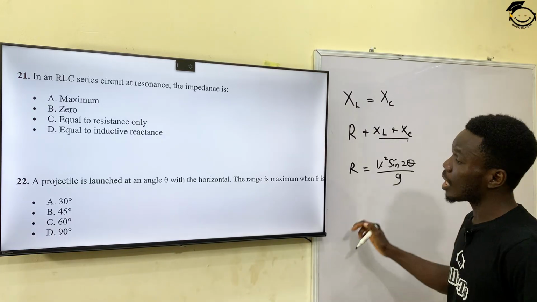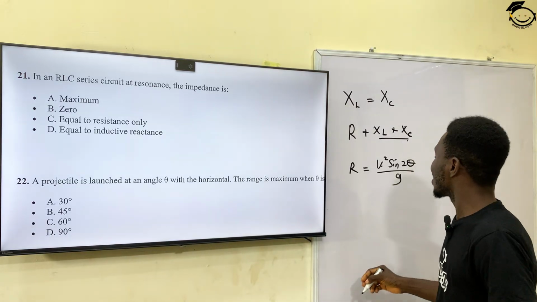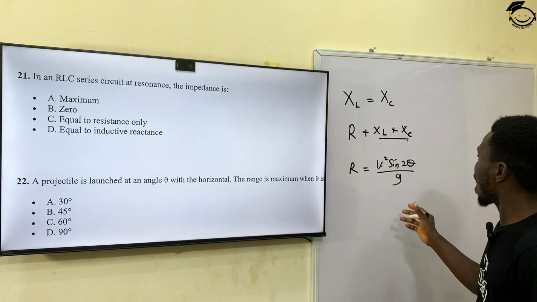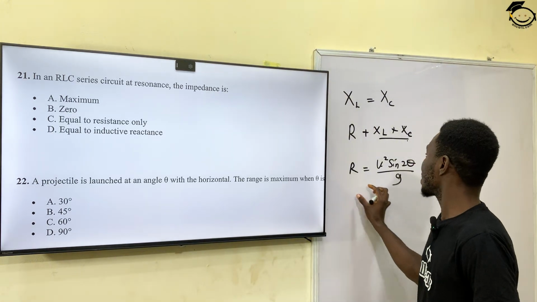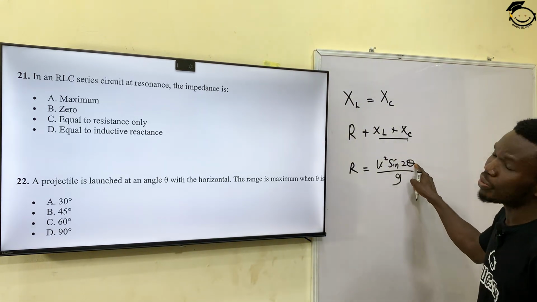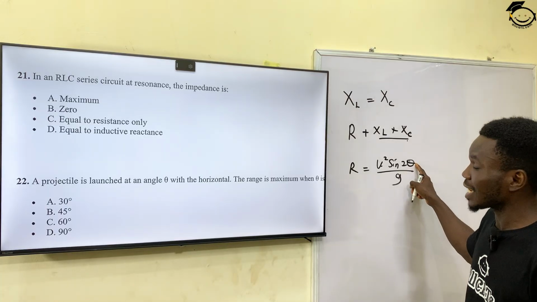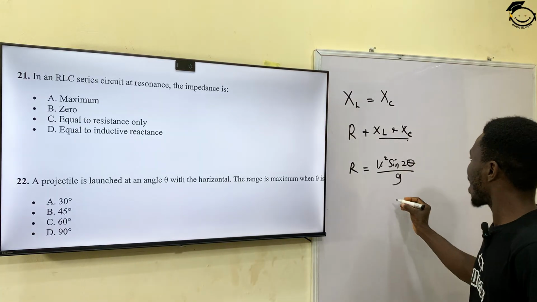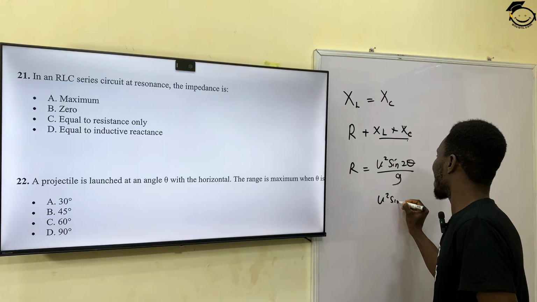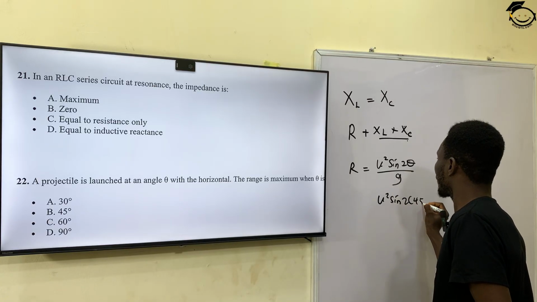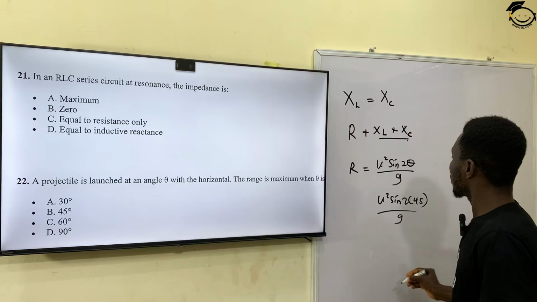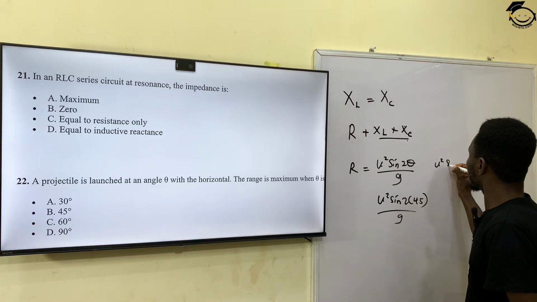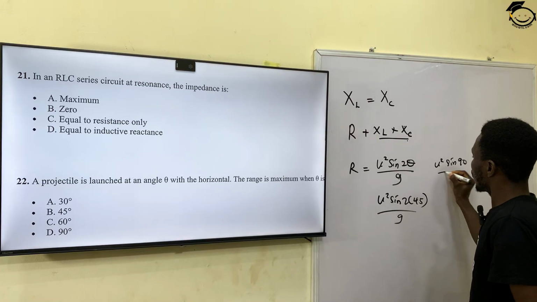So this is the formula for calculating the range in a projectile. Our range is maximum when the angle is 45, because this will give me u squared sine 2 open bracket 45 over g, which is the same as u squared sine 90 over g.